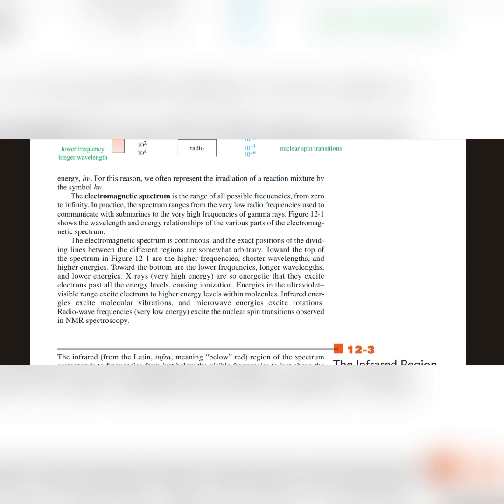The spectrum is continuous, and the exact position of the dividing lines between the different regions is somewhat arbitrary. Toward the top of the spectrum are the higher frequencies, shorter wavelengths, and higher energy. Toward the bottom are the low frequencies, longer wavelengths, and lower energy.